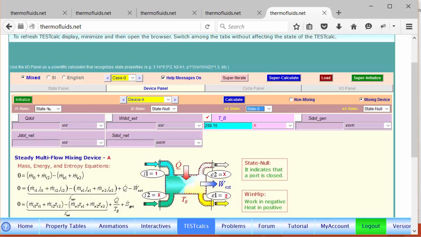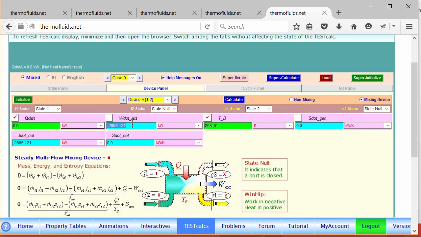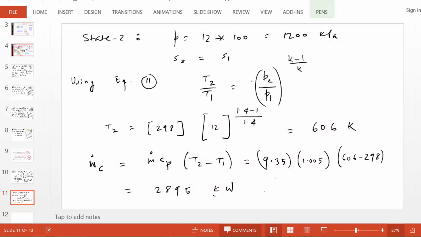Notice that as we selected state 1 and 2, here it became 1, here it became 2. There is no heat transfer, Q dot equals 0. And if we hit enter, the W dot external is calculated as negative 2896. We expect it to be algebraic, and we know external work is negative. So minus 2896 is pretty close to what we found here for compressor work.